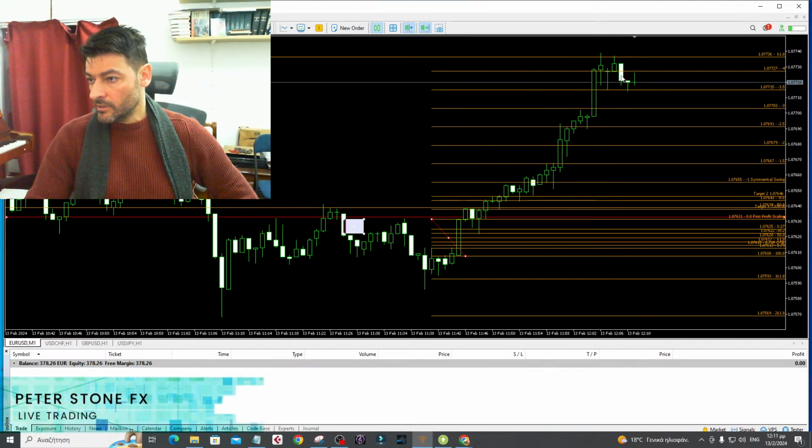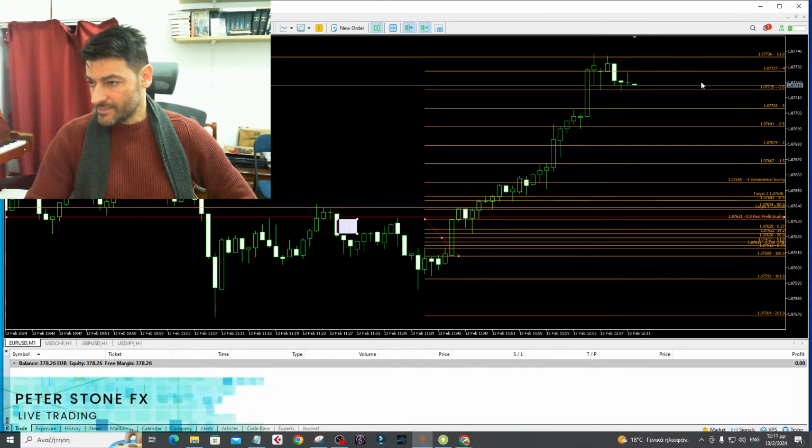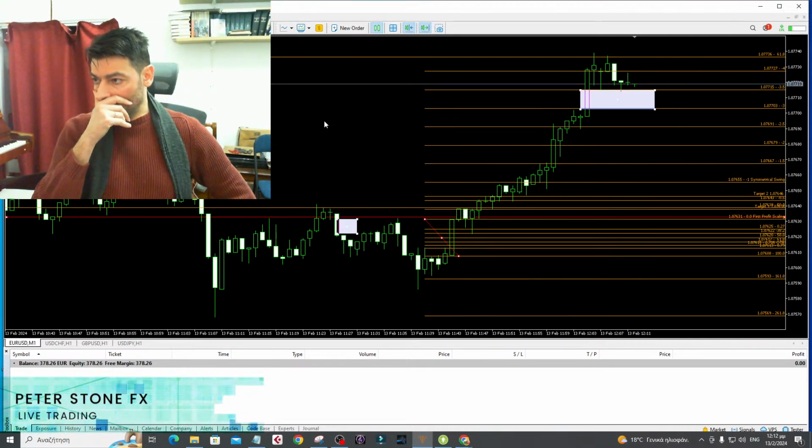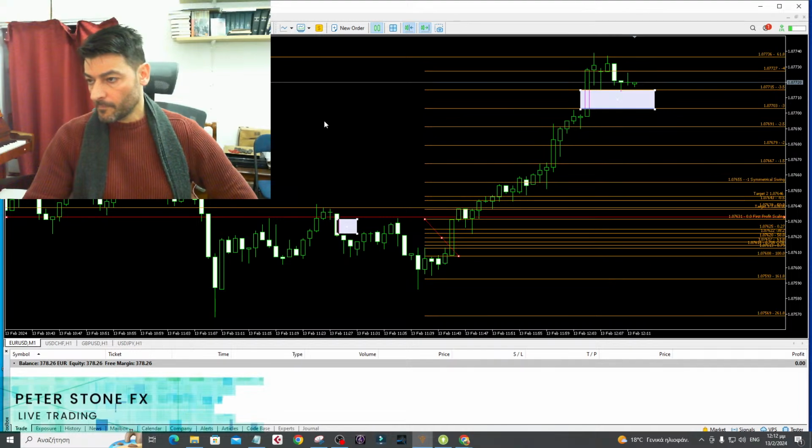Also, as you see, the retracement of the 61.8 15-minute time frame level of the Fibonacci. Here, you can still buy because this is a fair value gap. This is a buy. Boom.